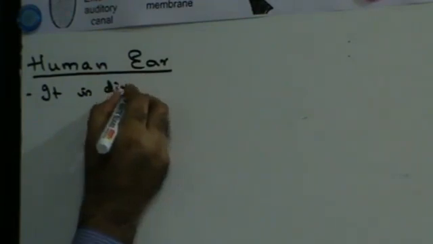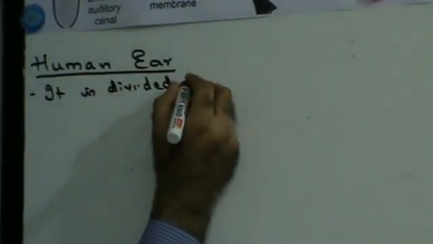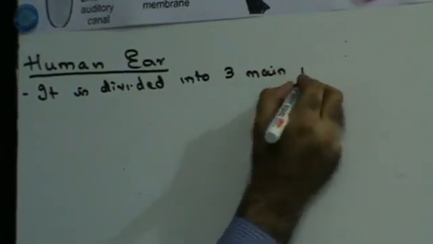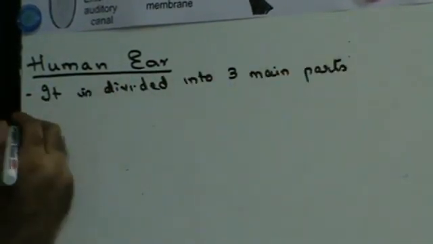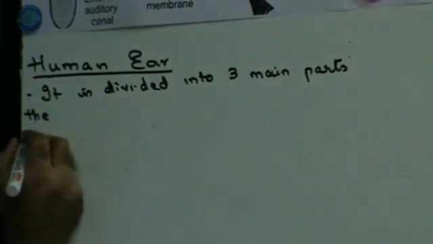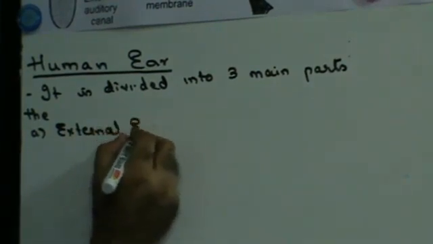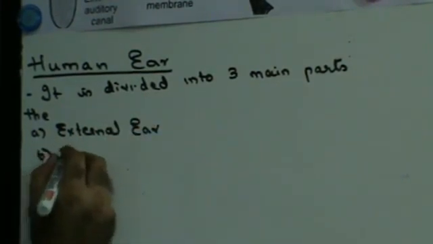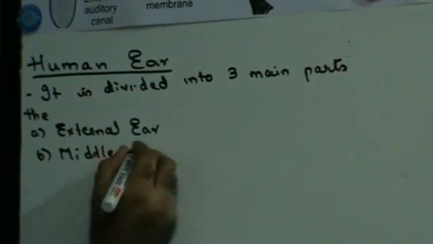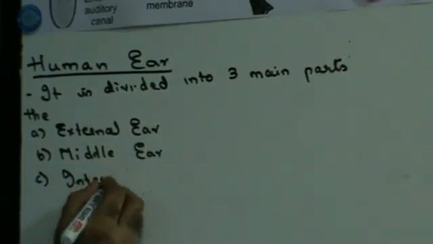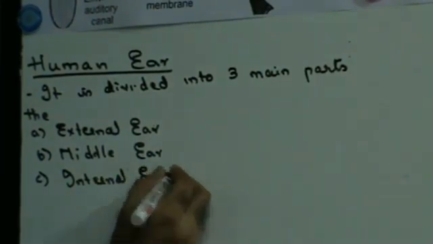So I can say that it is divided into three main parts: the external ear, the middle ear and the internal ear.